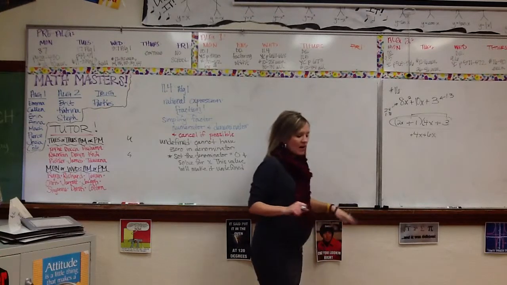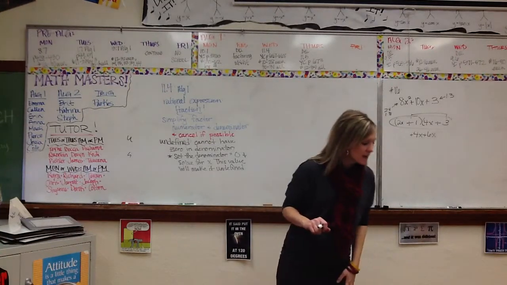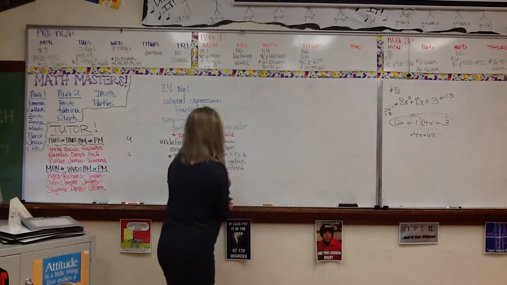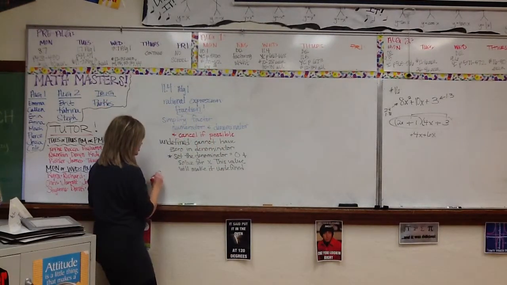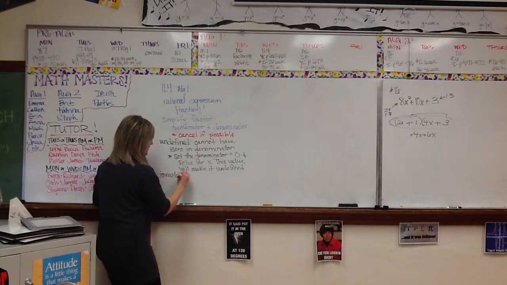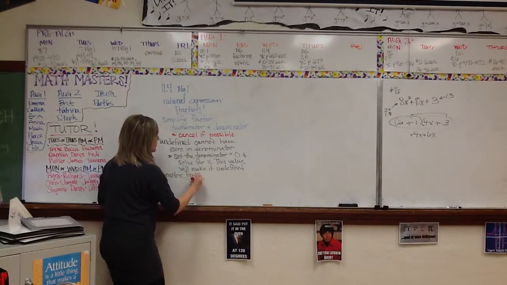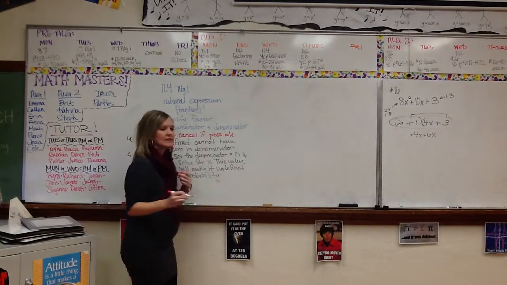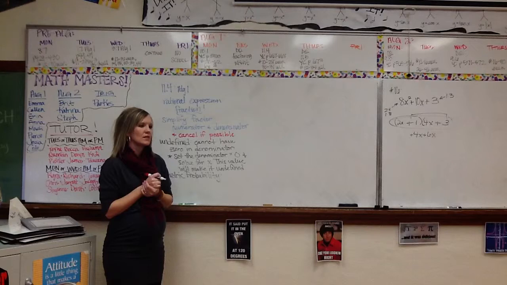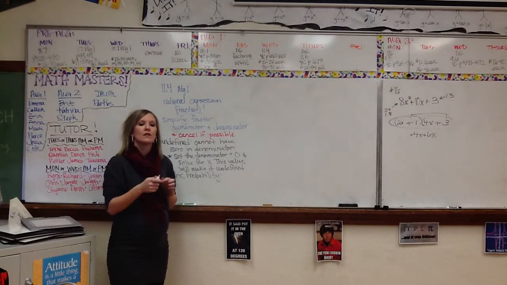All right. On the third page, we are talking about geometric probability. You guys have actually done a little bit of this. Anybody remember what we know about probability, of how to find it? Number of favorable over total.